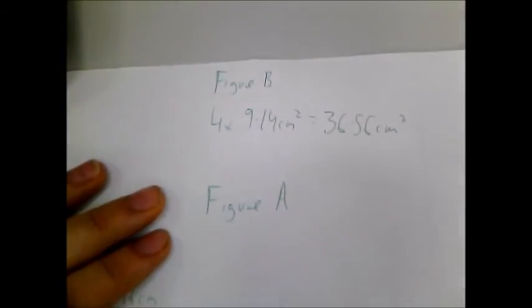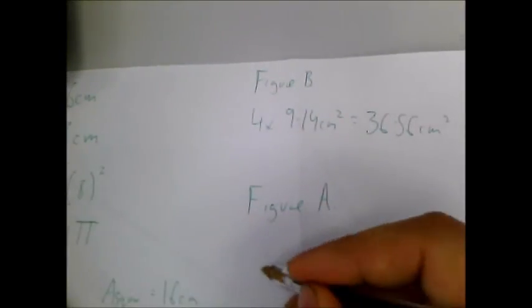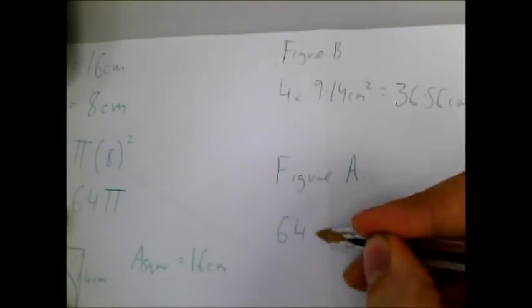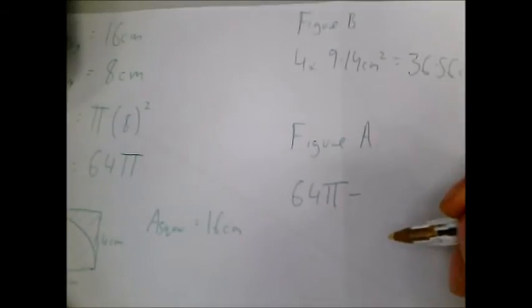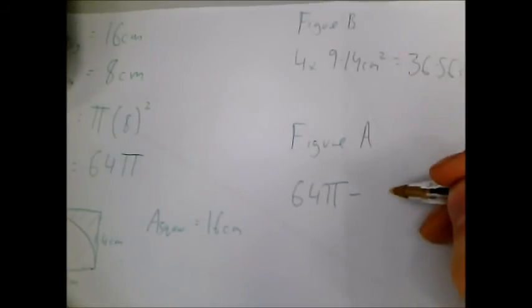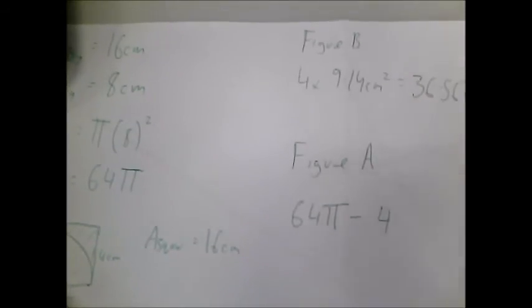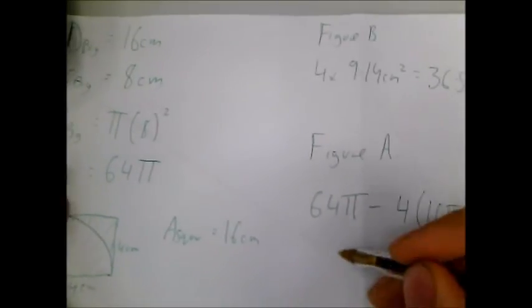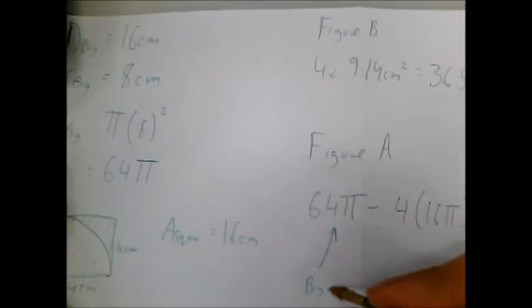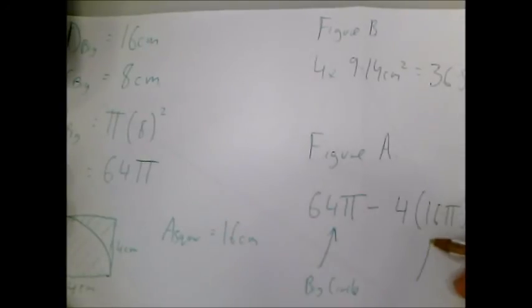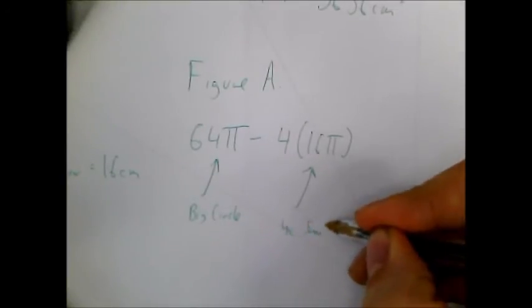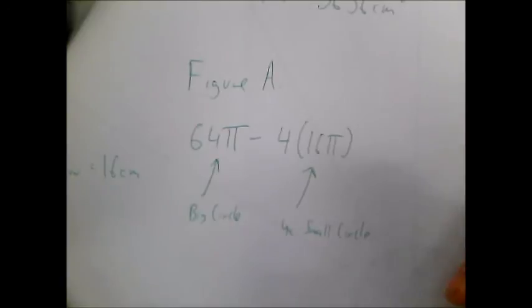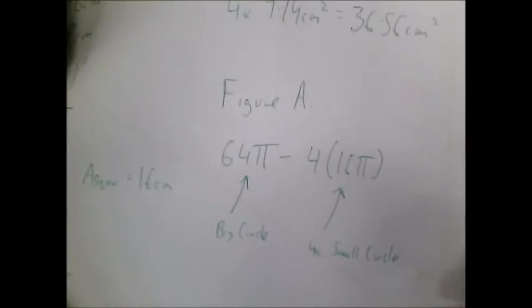Now let's look at figure A. We want to get the area of the big circle, which we said earlier was 64 pi. We want to take off 4 lots of the area of the small circle, so we take away 4 lots of 16 pi. That's the big circle, and this bit is 4 lots of the small circle, but we don't need to take away the bits that were already inside.